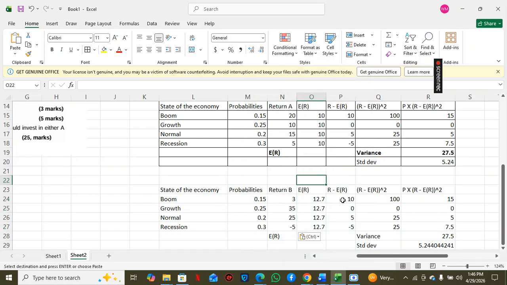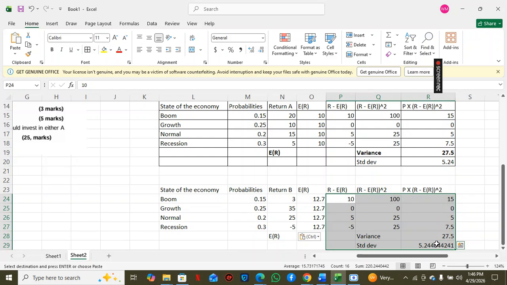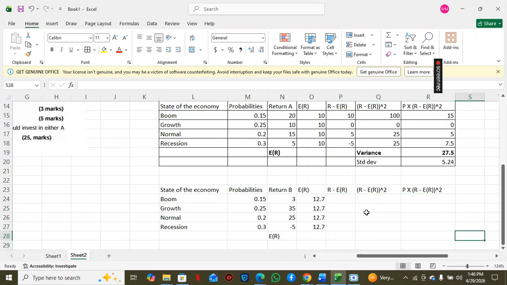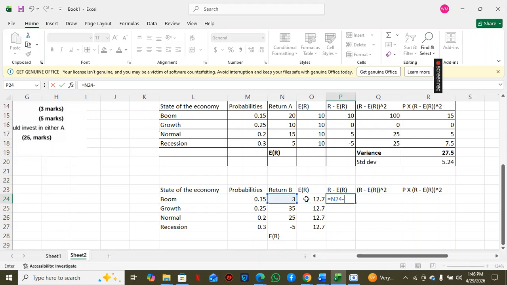So we now do the same thing. You get the deviation: return minus the expected return.